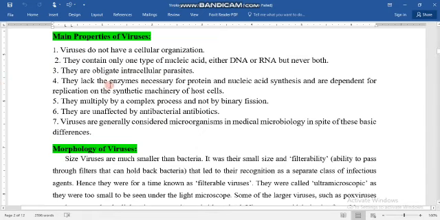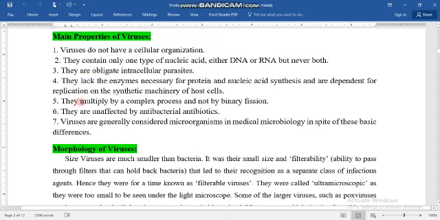Another important thing is that viruses do not contain any enzymes or organelles responsible for protein synthesis or nucleic acid synthesis. They do not contain any such machinery, and the machinery used for these purposes is that of the host cell. That's why viruses are always obligate parasites.